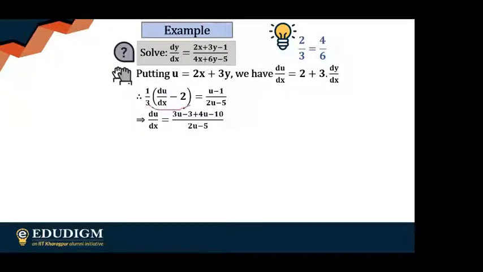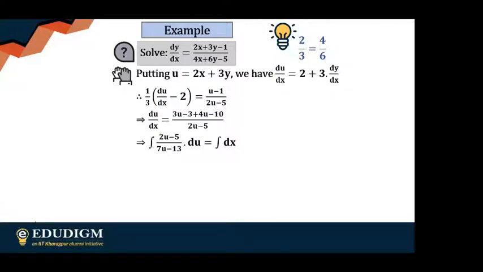Take 3 to the side, then add 2. So this is du dx. Very simple. Get the value of du dx, and then once you get the value, you take this 2u minus 5 to the side, this to the denominator, and dx to this numerator. Fair enough.